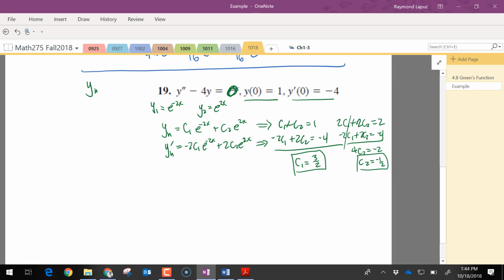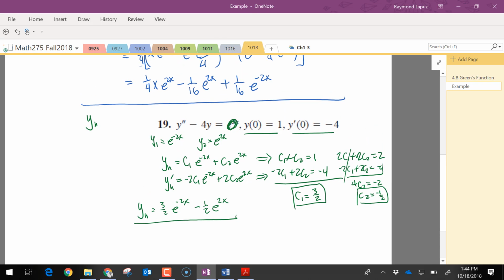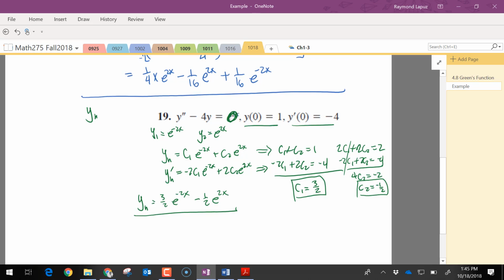So y sub h is going to be 3/2 e to the minus 2x minus 1/2 e to the positive 2x. So we add that to the y sub p.